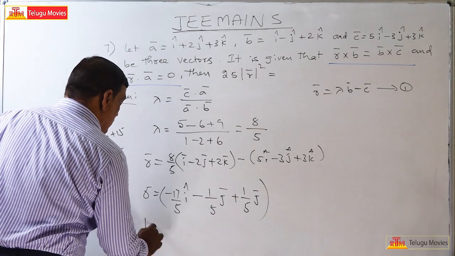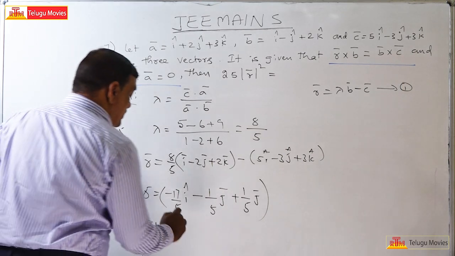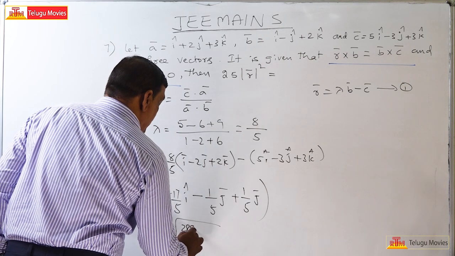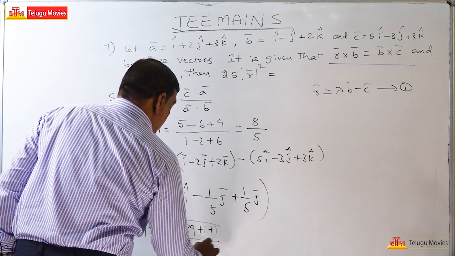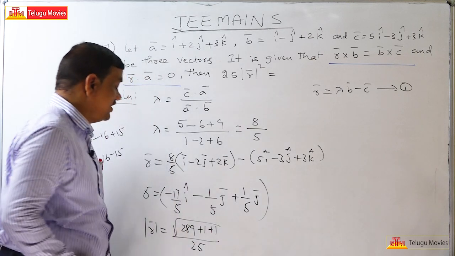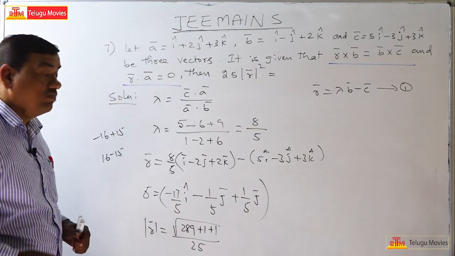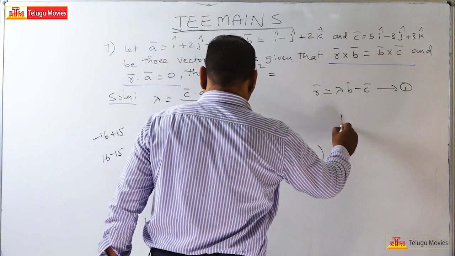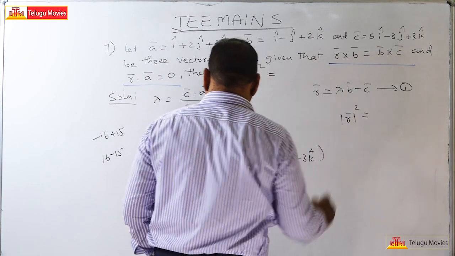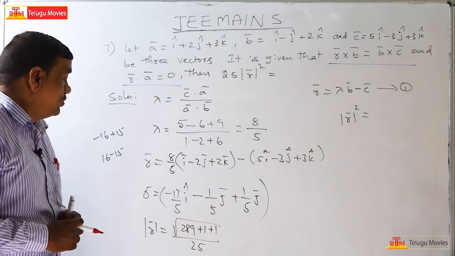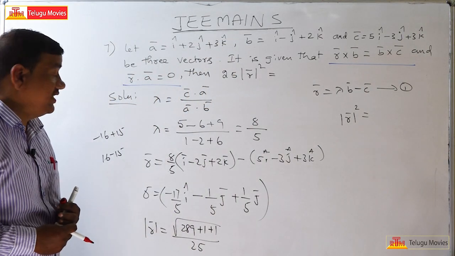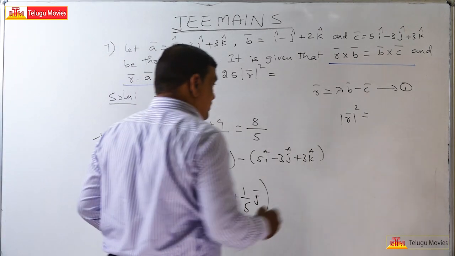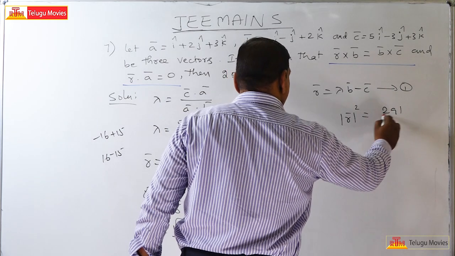So modulus of R bar is equal to how much? Root of 17, 17s are 289, plus 1 by 25. Understand? So he is asking to find out R square. R square is equal to 289, 17, 17s are 289, plus 1, 290, plus 291, I think, 291 by 25.